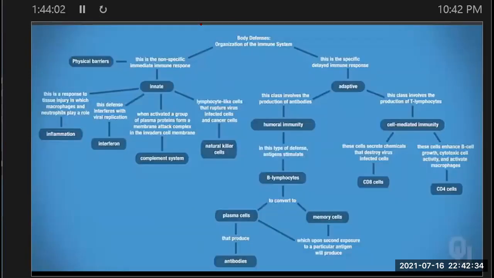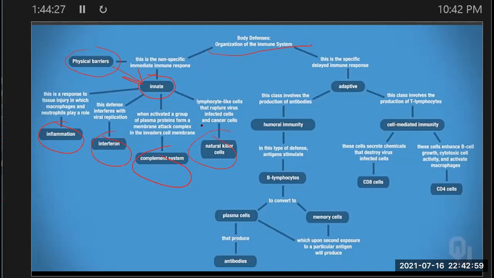As a whole, this is immunology and serology, and how the immune system is organized. We have the physical barriers, the skin and the mucous membranes, which correspond to our innate immune responses. Under innate, we have inflammation, cytokines, interferons, complement, and NK cells.